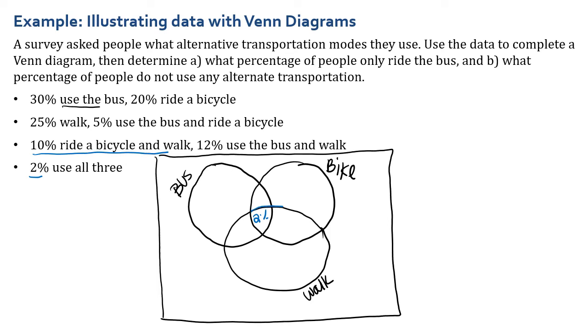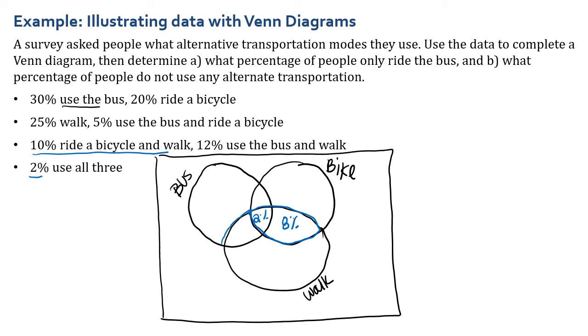So that means this, where those 2 overlap, and again, it doesn't say only ride a bus and walk. If it said only, we would put 10% here, but it doesn't. It just says all together, 10% of people ride a bus and walk. So I've already taken care of the 2%, so that leaves 8% here. So when I add these 2 together, I get 10%.